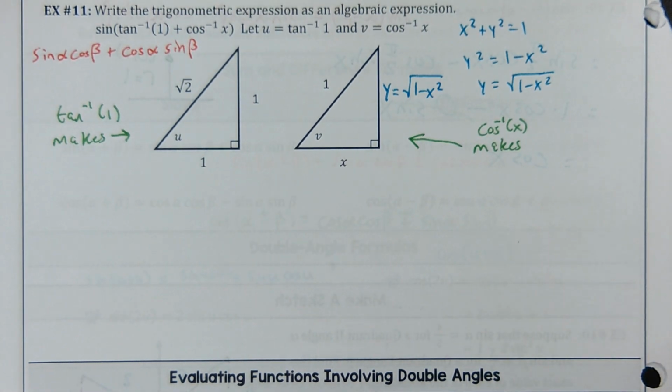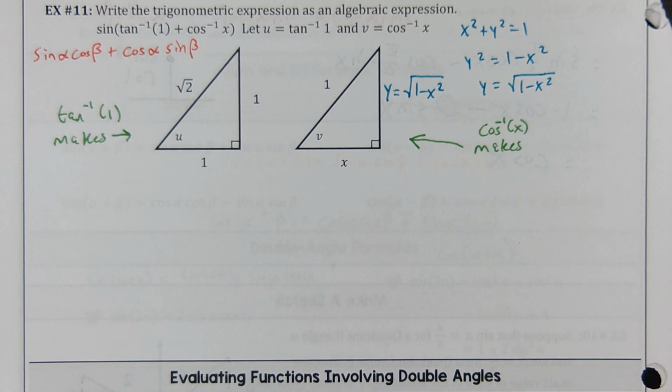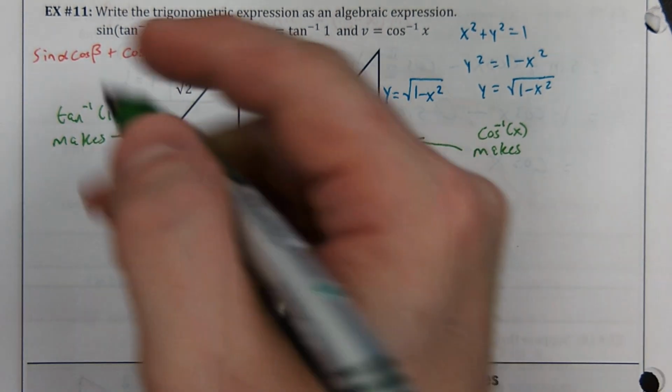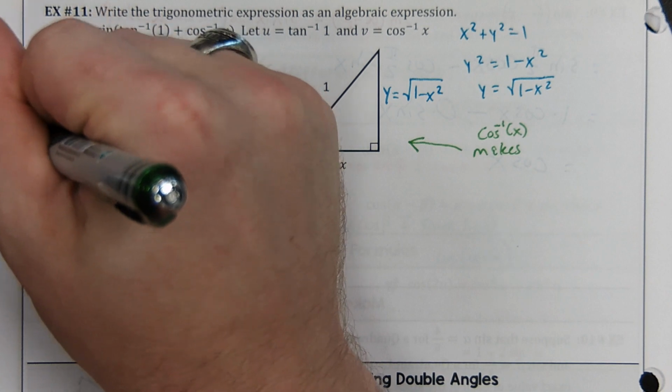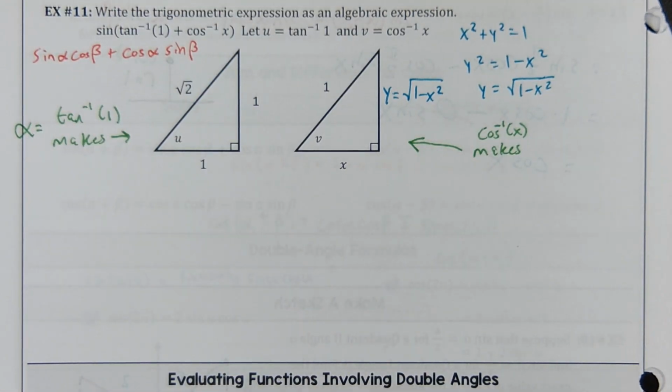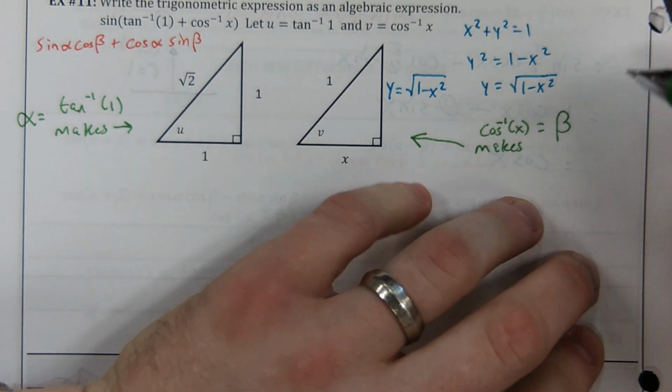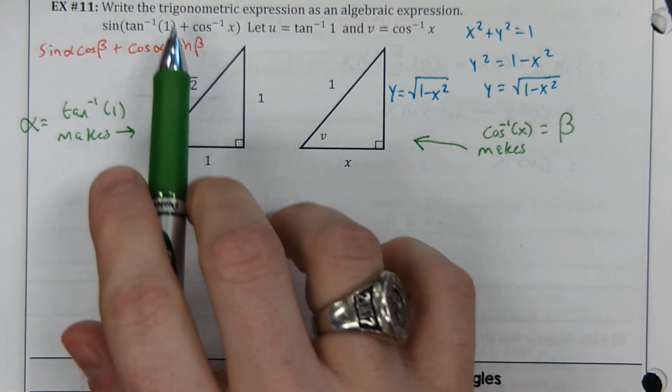You are going to have to memorize this identity, or some of the identities, and leave yourself memory breadcrumbs to build the others. But this is the sum formula for sine. In this scenario, this is alpha. This is beta. See, alpha plus beta.